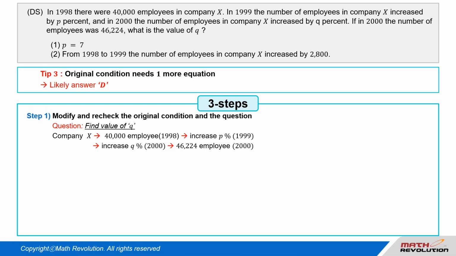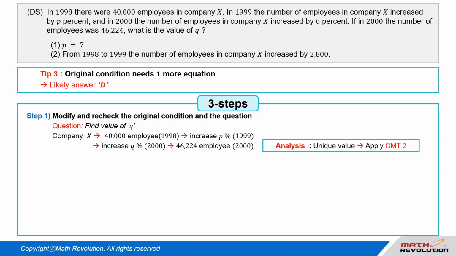We have to find the value of Q if there were 40,000 employees in Company X in 1998, and after an increase of P% in 1999 and an increase of Q% in 2000, the number of employees were 46,224 in 2000.